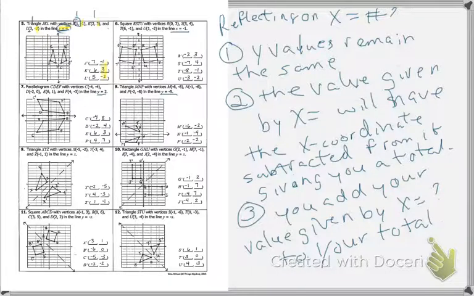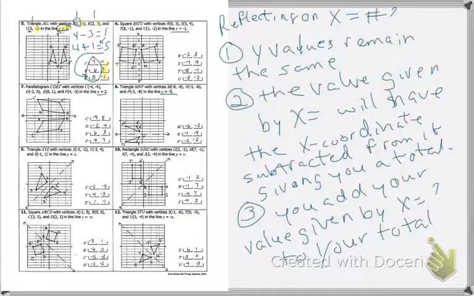Last one, we have 3, so you take your value given, you take away the 3, and it gives you 1. Then you take the value given and you add the total, and that's your new coordinate. That's how you get those.